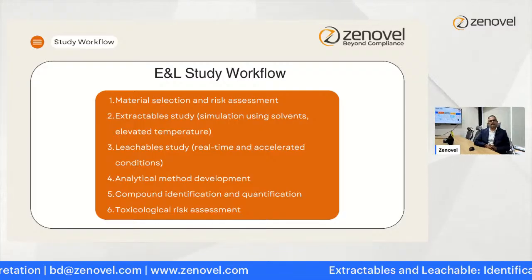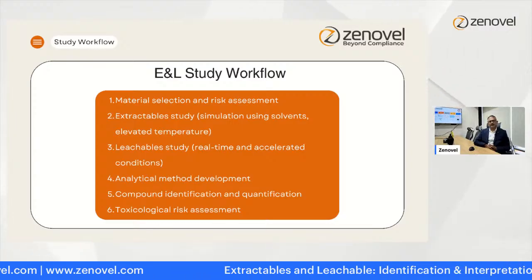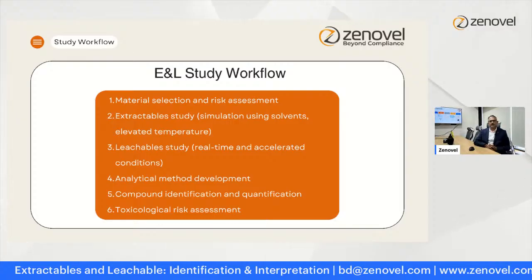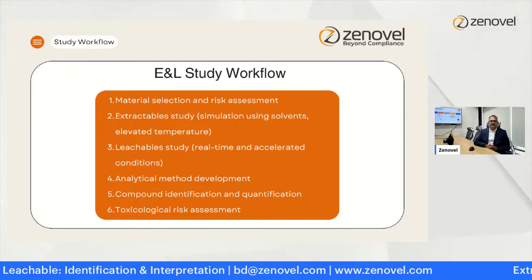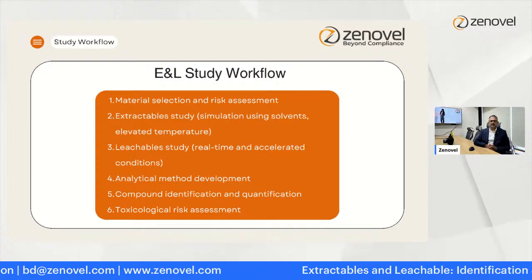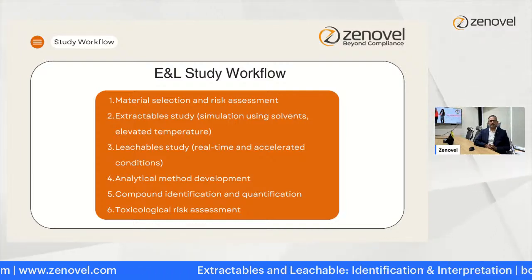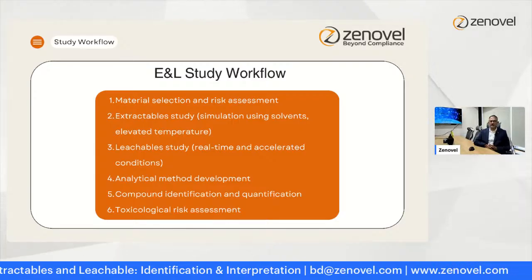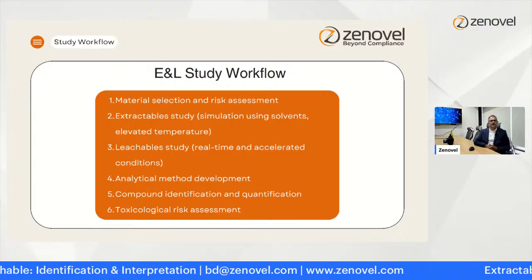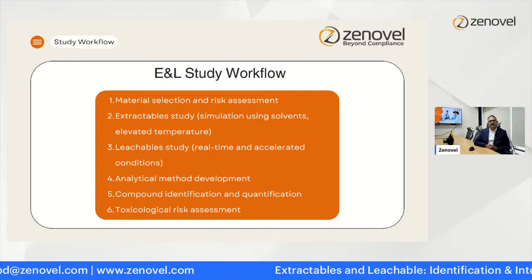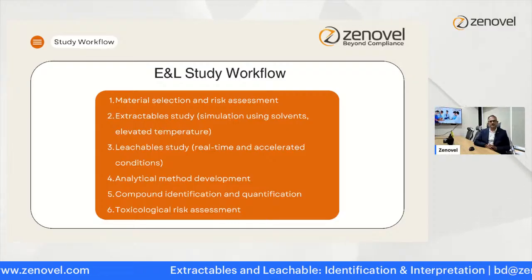The third part, after identification of the extractables, is to evaluate the leachables study, which is under real-time and isolated conditions. Then comes analytical method development and validation of that method to identify the leachables, then compound identification and quantification. And the last part is toxicological risk evaluation after identification of any possible leachables.